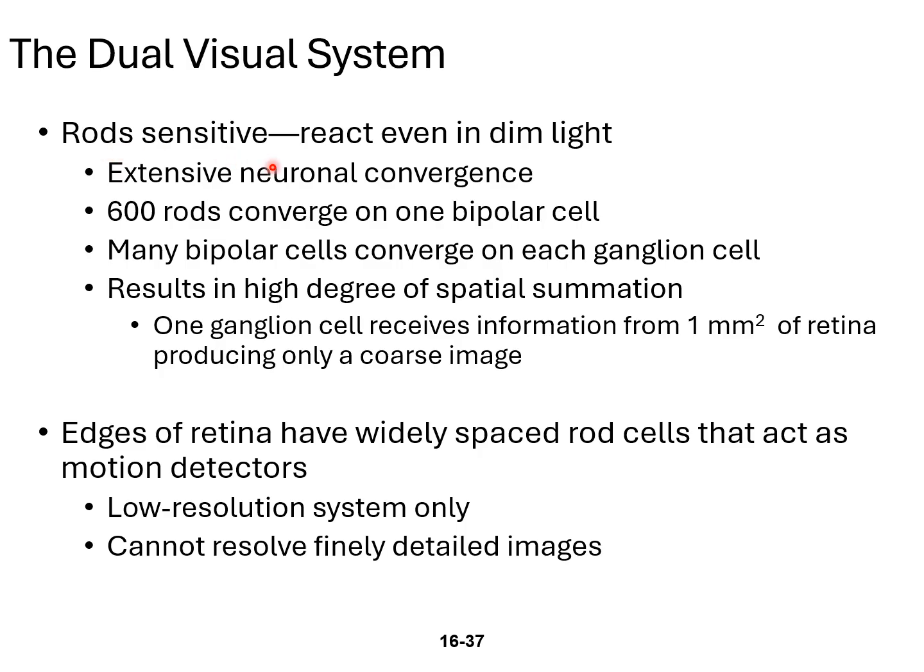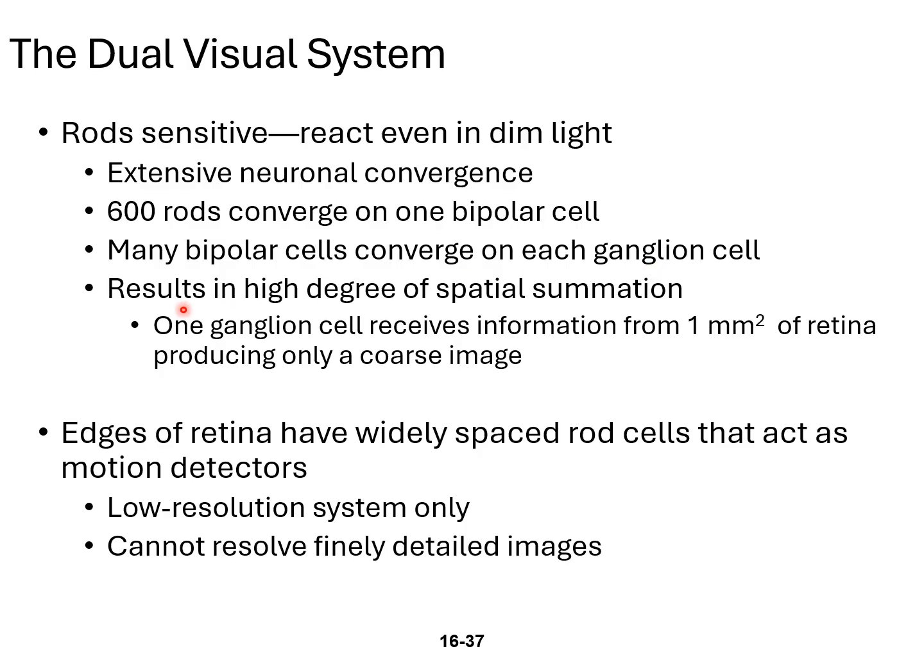So rod sensitivity reacts even in dim light. They have extensive neuronal coverage, which means they have a lot of bipolar cells that attach to many of them. 600 rods converge on one bipolar cell in some cases. Many of the bipolar cells converge on ganglion cells, and this means that it's blurry.